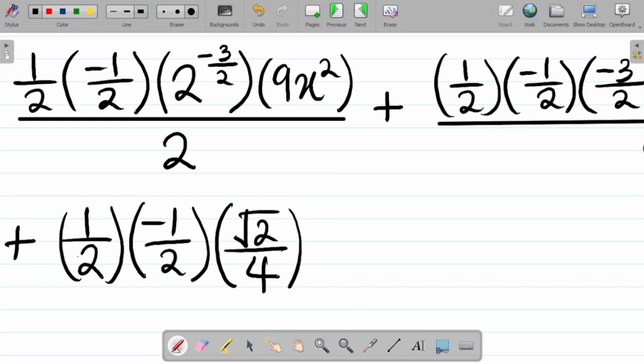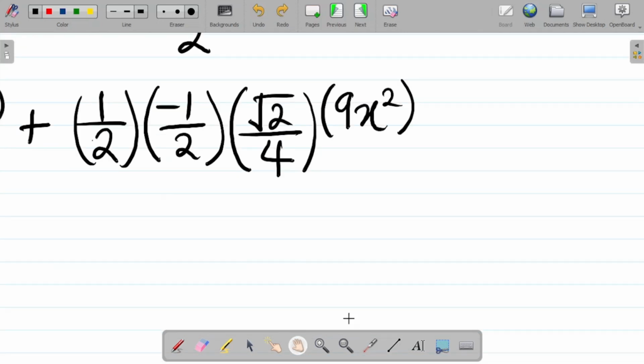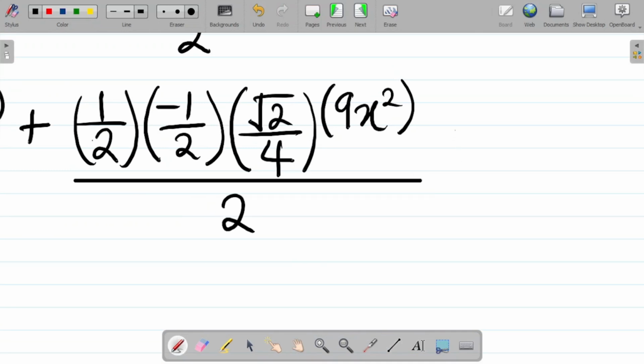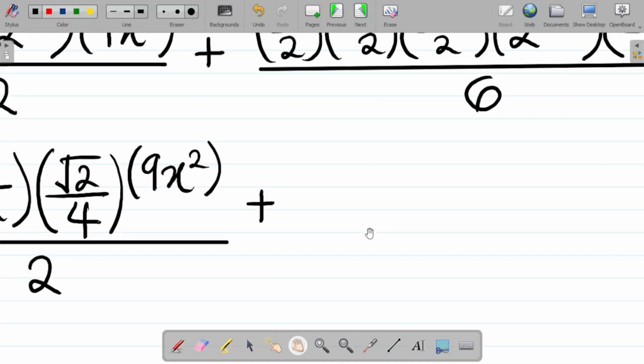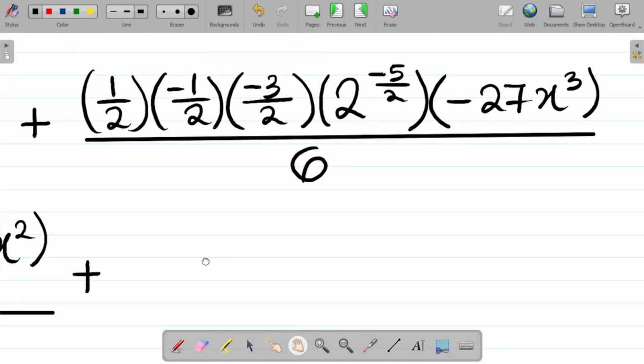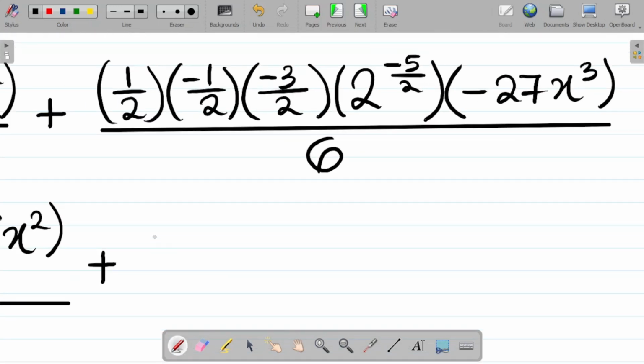What next there? So our next task here becomes the next thing here, which is 9x squared. So this into 9x squared, this 9x squared all over 2. So plus my next task here is to simplify all of these terms. That becomes the first thing I have there, 1 over 2.